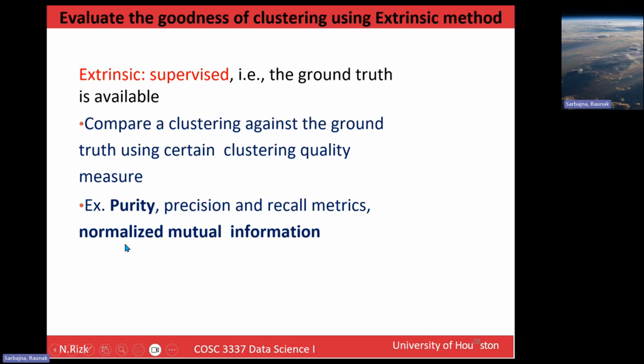Purity and normalized mutual information are both somewhat math heavy. Purity is fairly simple, but normalized mutual information is pretty complicated. We're not going to talk about all the details of where it came from.